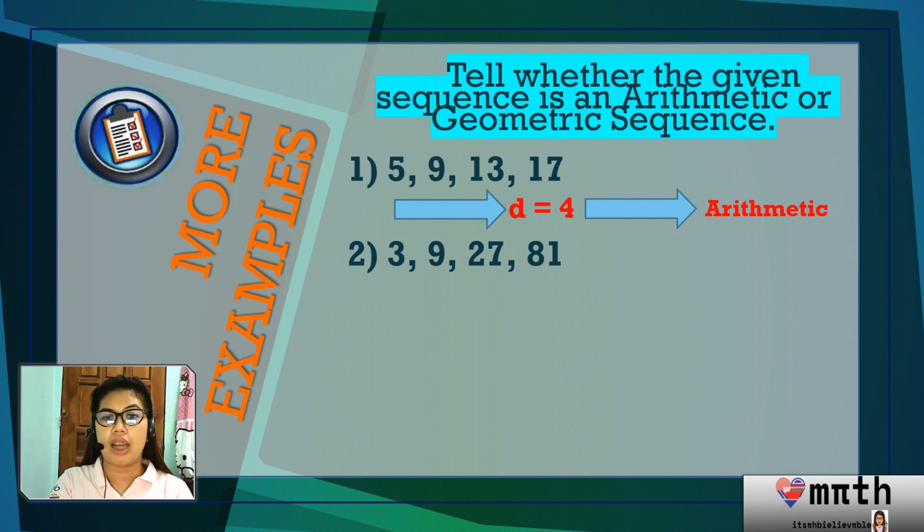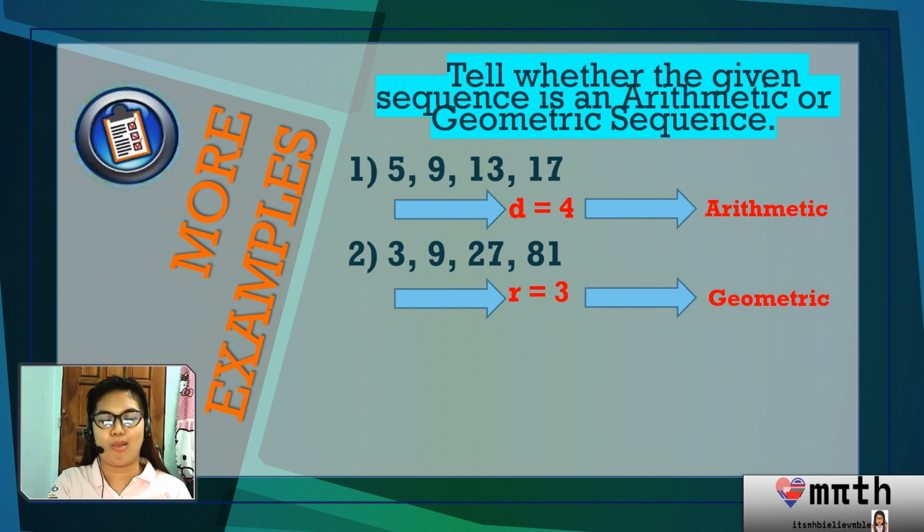But if we try to divide 81 by 27, that will be equal to 3. Then 27 divided by 9, that is also 3. And 9 divided by 3 is also 3. So we can say that we have a common ratio equal to 3. Then, since we have a common ratio, we can say that this is a geometric sequence.